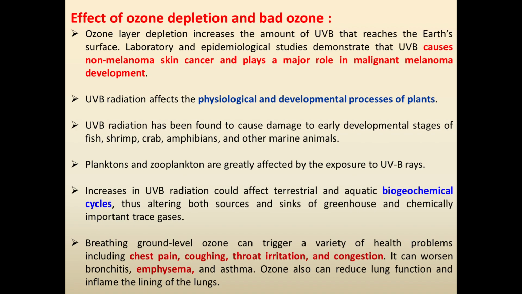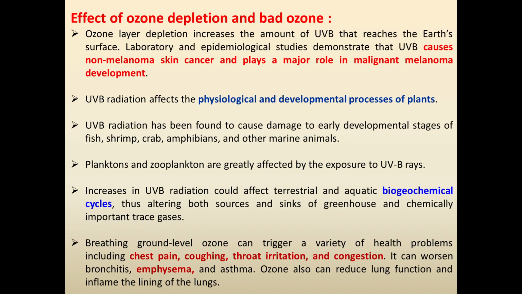So what are the effects once the ozone layer is depleting and its concentration becomes lesser and lesser? What is the negative impact on the atmosphere, on animals, on plant life, on human beings, or life present on the earth?